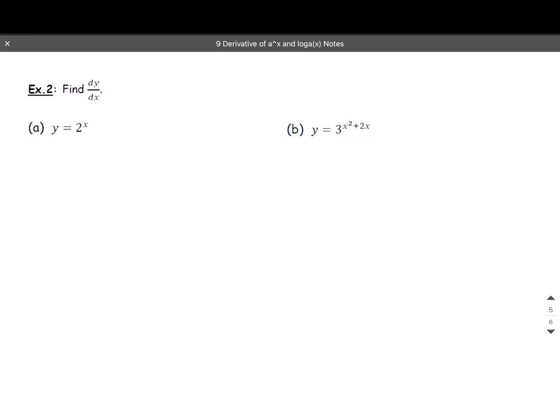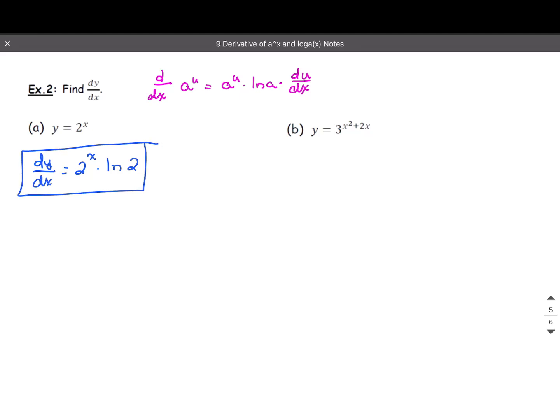Okay, let's try some derivatives here. Now remember, this is not one of those log rules, so I'm going to remind us here, the derivative with respect to x of a to the u is a to the u times the natural log of a times du dx. So if we look at this, the derivative of y is dy dx. The derivative of 2 to the x is going to be 2 to the x times the natural log of the base 2 times the derivative of the exponent is 1, so we're done.